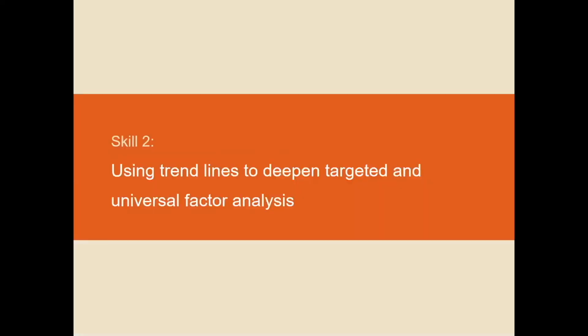All right, let's move on to skill 2 here, and this might require some quick translation. Skill 2 is using trend lines to deepen targeted and universal factor analysis. And what that means simply is leaders need to use a data-driven analysis to define the problem they're trying to solve, as well as what's currently working, the bright spots that they might have to build on.